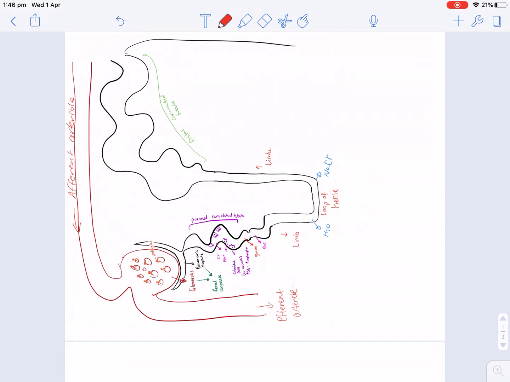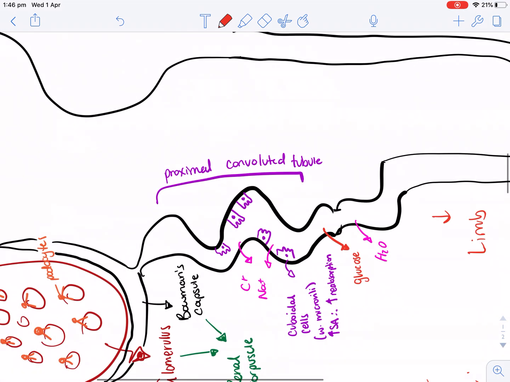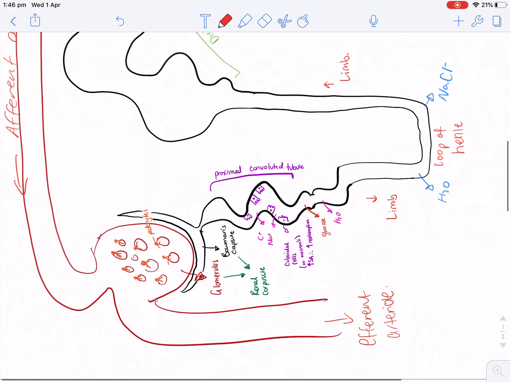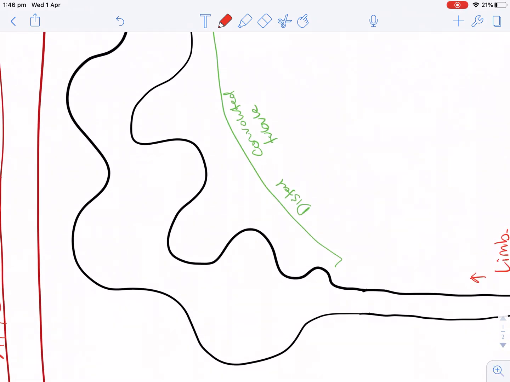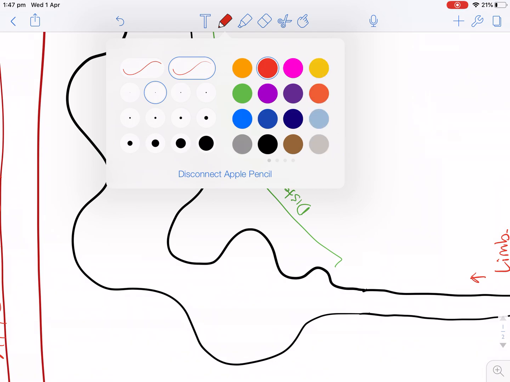Now, if we just go back to the proximal convoluted tubule again and have a look at the cells that we find in the walls, we have those cuboidal cells with the microvilli. Now, we expect in a non-pathological nephron that the proximal convoluted tubules will do a lot of the reabsorption. So that by the time the filtrate gets to the distal convoluted tubule, we don't need to do as much reabsorption.